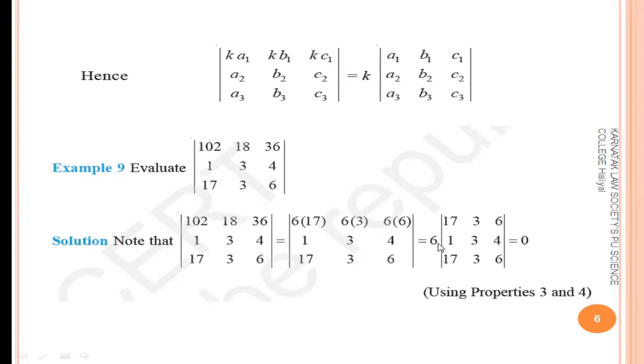If you take out 6 as a common factor, what will you get? 17, 3, 6. And also in R3 you see here 17, 3, 6. Both are identical, so by the previous property, that is the third property, if any two rows or columns are identical, the answer is 0. In this way we use the properties while solving the problems.